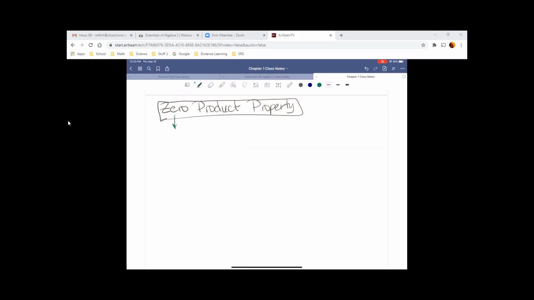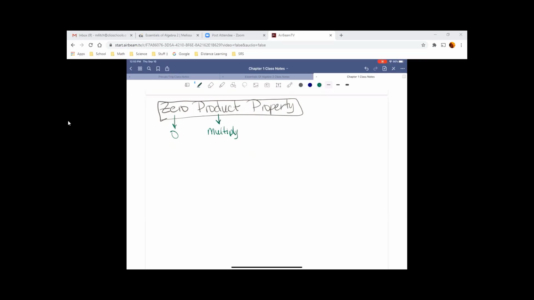What's another word for product? Sum would be addition. Product would be multiplication, right?